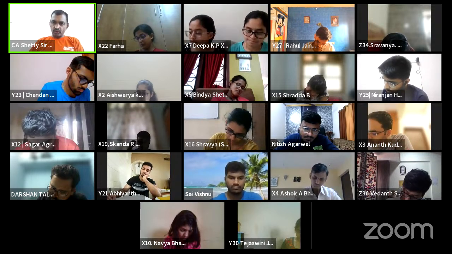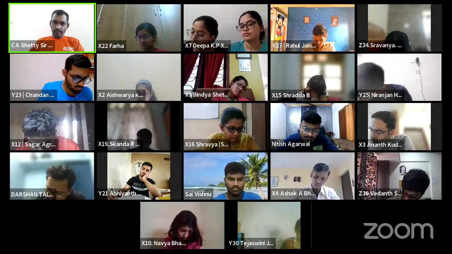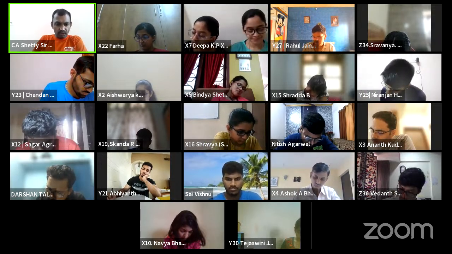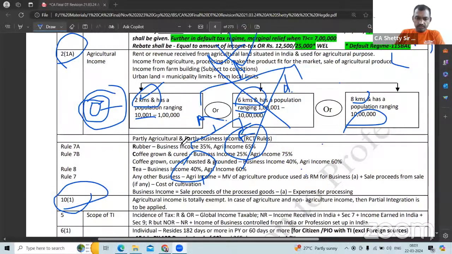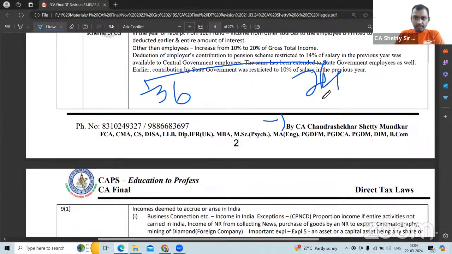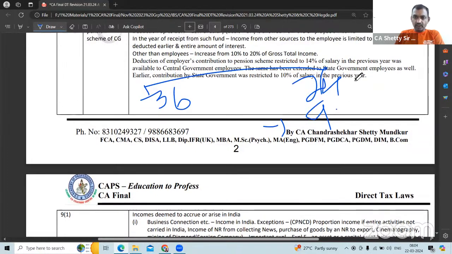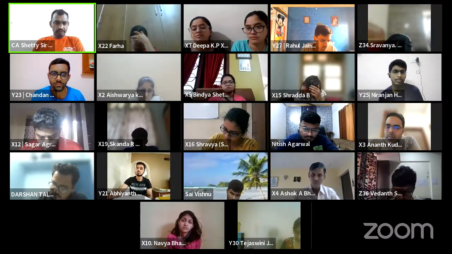So 9.6. Then 24 minus 9.6 is 14.4. Everybody understood the presentation? On the left, 60%, 36 lakh, is exempted straight away. On the right side, 24 lakh; from here you deduct 9.6. 24 minus 9.6 is 14.4. Everybody understood?